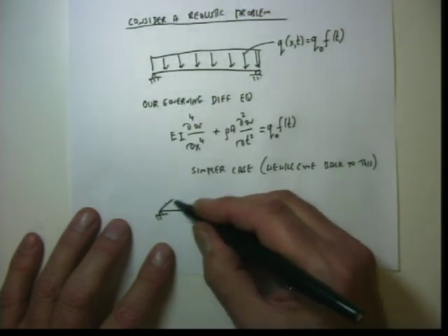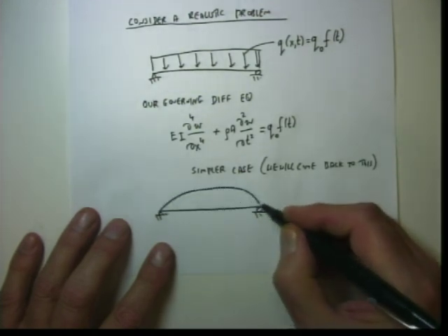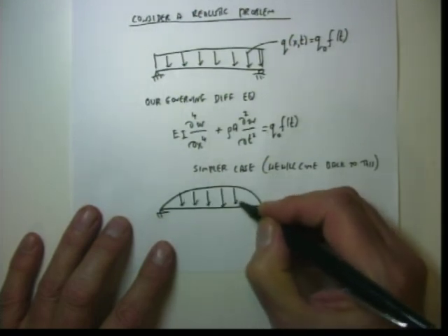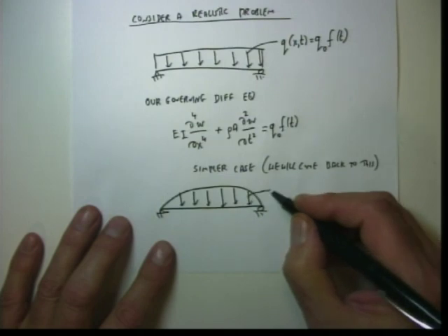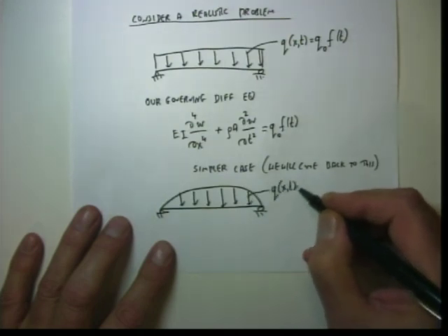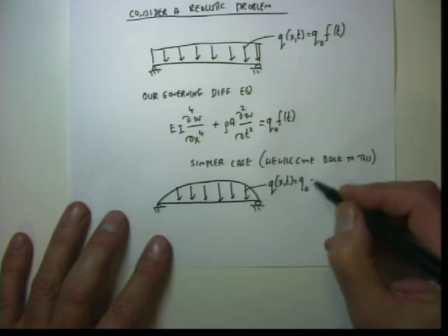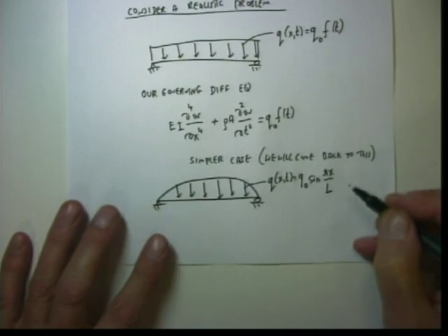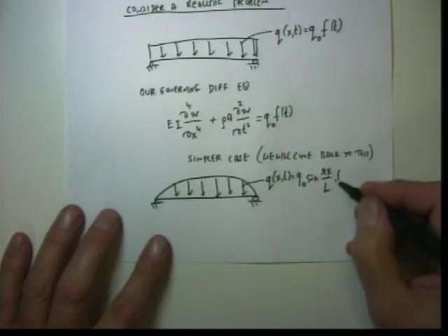Imagine that there is such a load, so that is, say, Q of x, t, equals Q0 sine pi x over L, and then there is some f of t.